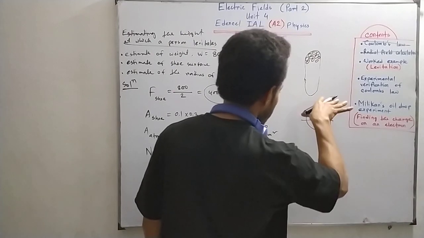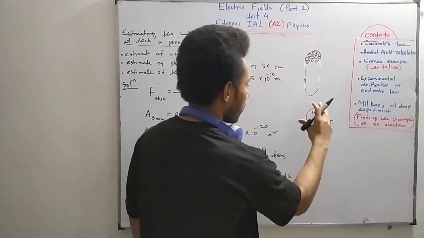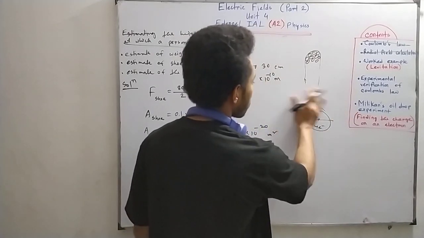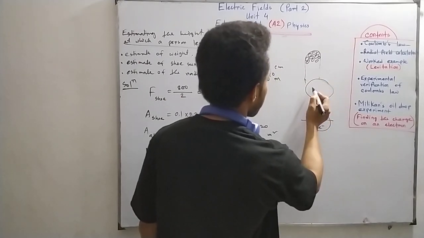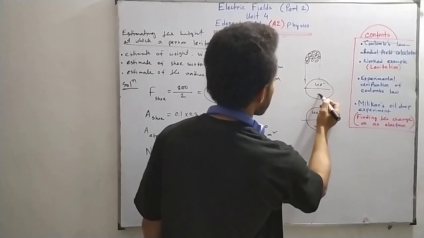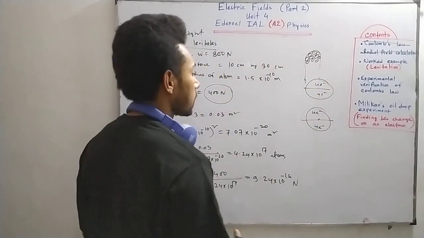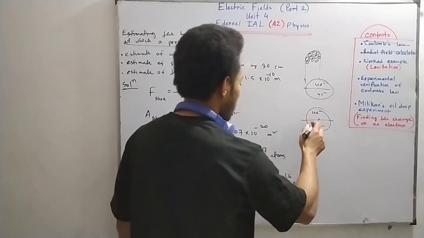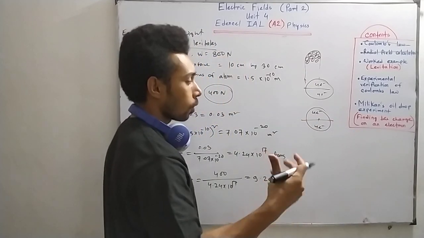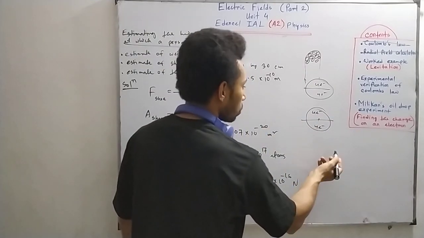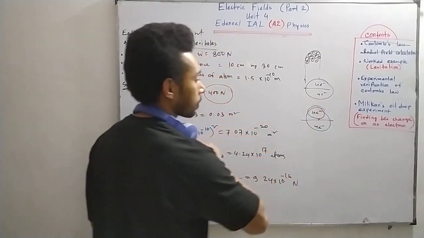Consider this is one atom of the surface of the floor, and this is another atom of the bottom surface of your shoe. So 4 electrons and 4 electrons, and we can consider that the force supported by one atom is actually supported by 4 electrons.